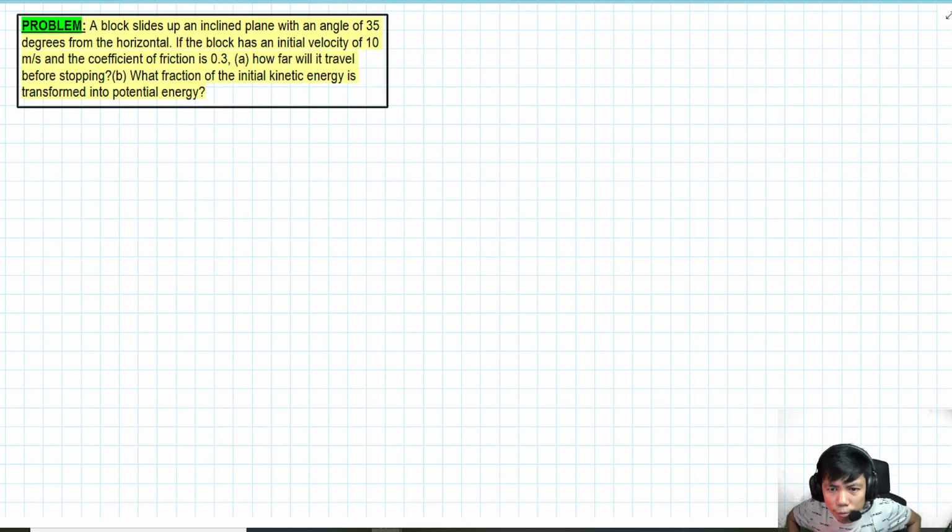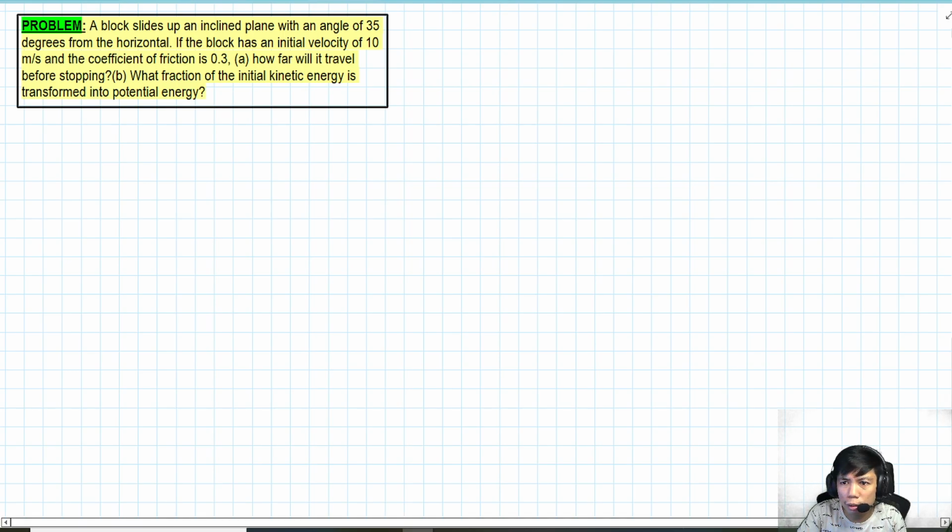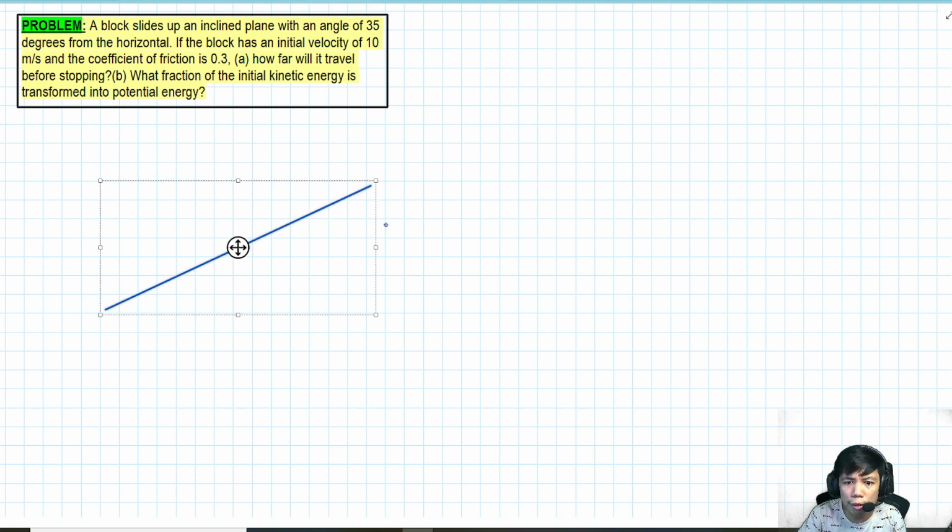Okay. So first, let us illustrate the problem na. Doon na natin nilagay yung mga given. So meron tayo ditong inclined plane na 35 degrees. Gawa tayo guys ng plane. Pwede rin triangle na kung gusto nyo, pero dito kahit line na lang. Ganyan.